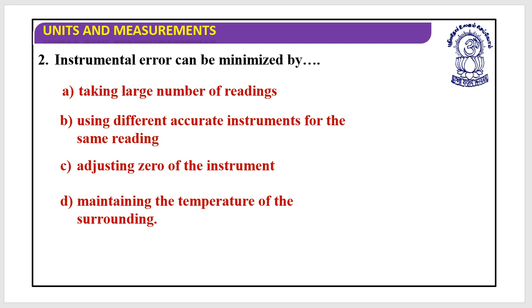So how can I minimize this? Did you remember the random errors? Yes, absolutely the same. You need to take a larger amount of readings, so that can reduce or minimize the errors.